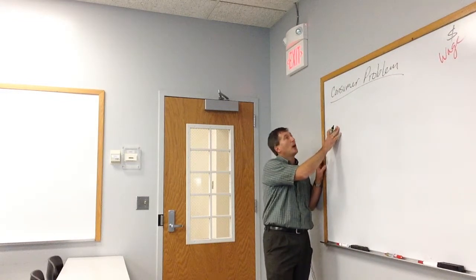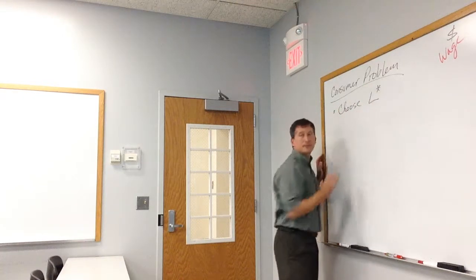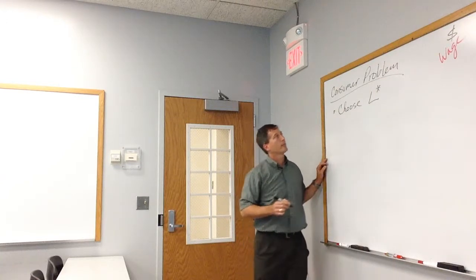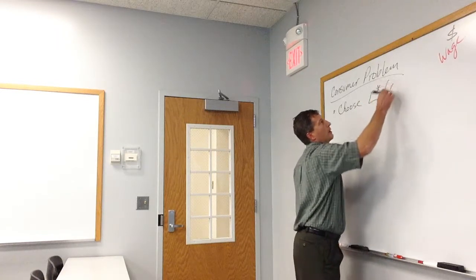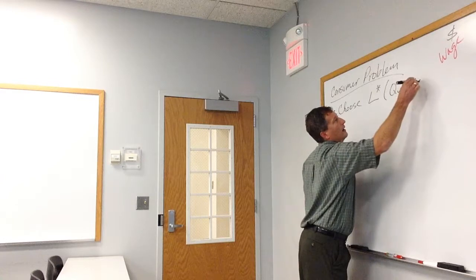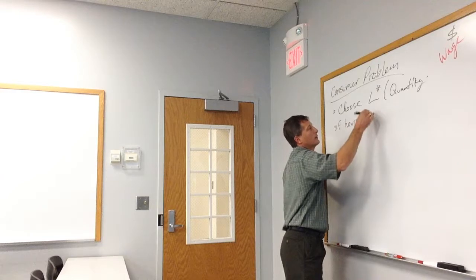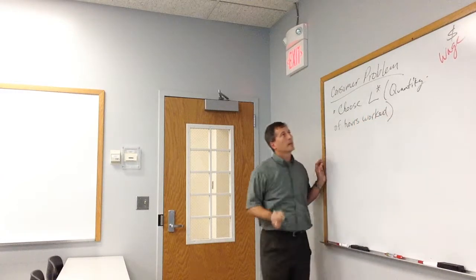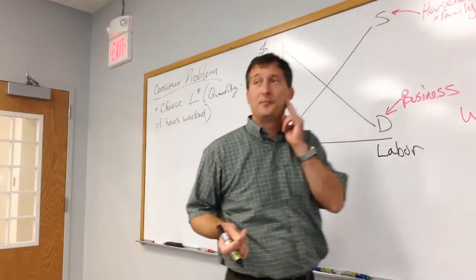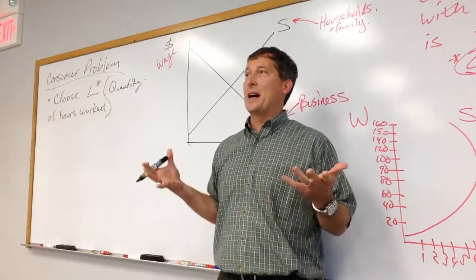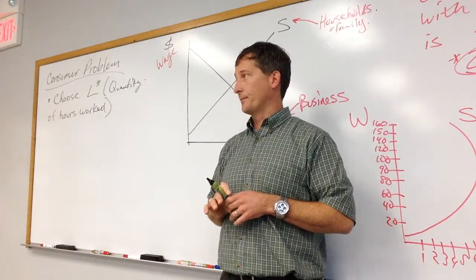The consumer problem now is to choose L star, which is the quantity of hours worked. When we did this in the utility chapter, how was income derived for a problem that you might have done? We gave up to get.